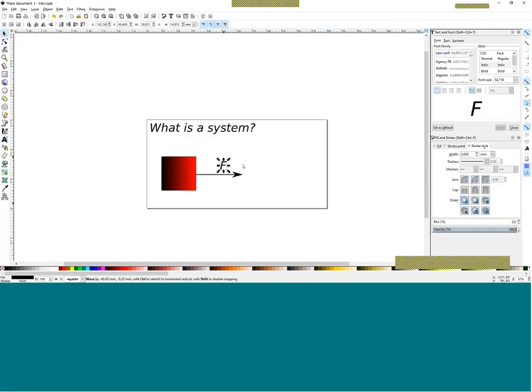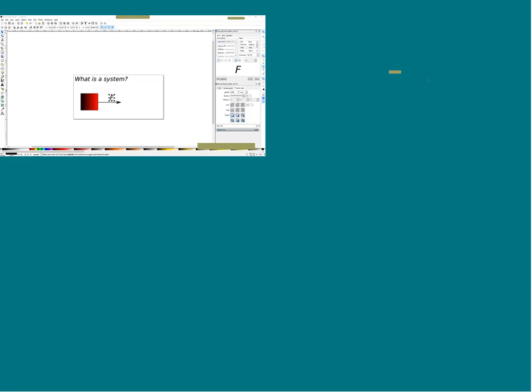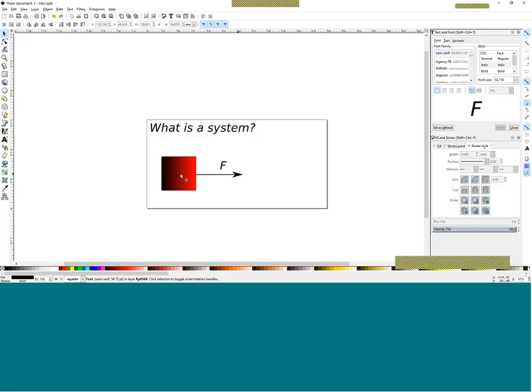And this object is being dragged from here to here over a distance r.